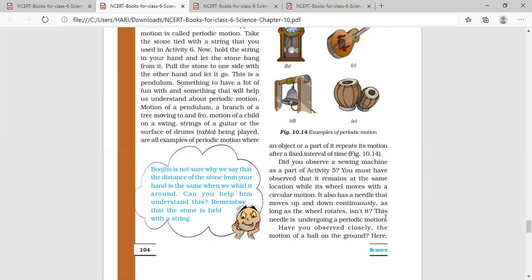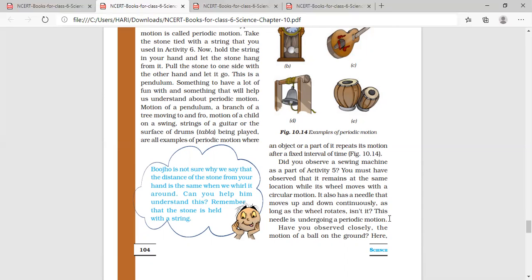So two types of motion take place at the same time. Can you find some more examples? The cycle. When the cycle rotates, the wheel will be undergoing circular motion. At the same time, it will be moving along a straight path, moving forward on the ground. So it is undergoing rectilinear motion also.